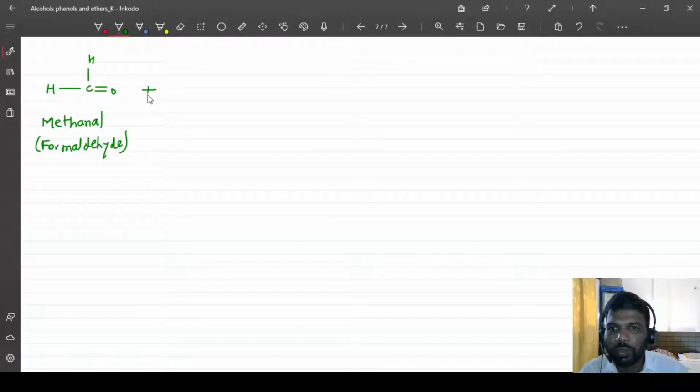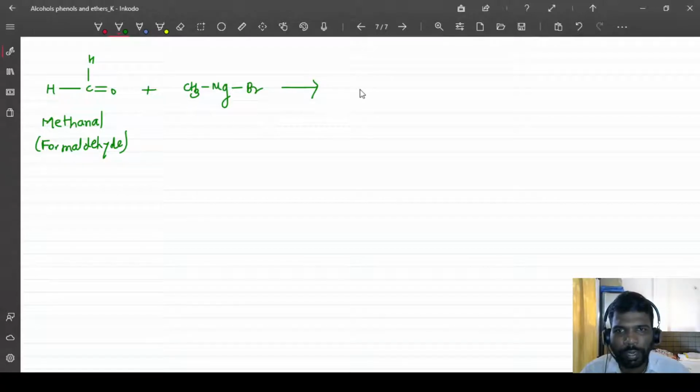If you react this with, let's say, methyl magnesium bromide, then the product you get is the intermediate product. These two hydrogens remain the same. Here is the methyl group, the R group from the Grignard reagent, and here it is OMgBr.